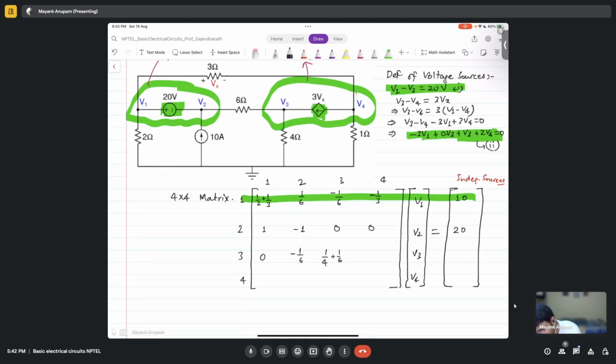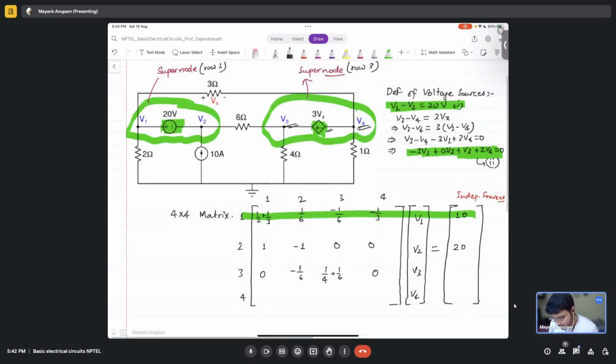Now what connection do I have between 3 and 4, other than the voltage source? There is nothing else, so it should be 0, correct? And I do not have any independent current sources. Oh, sorry, I made a mistake here.